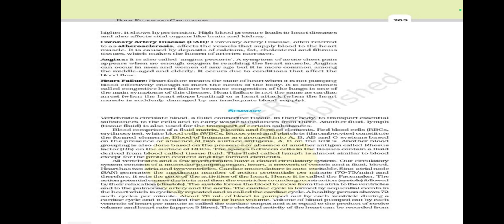The heart has two atria and two ventricles, and cardiac musculature is auto-excitable. The sinoatrial node (SAN) generates the maximum number of action potentials, 70 to 75 per minute, and therefore sets the pace of the activities of the heart. Hence, it is called the pacemaker.